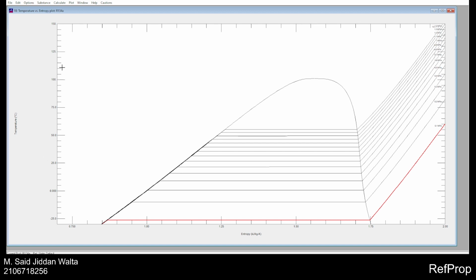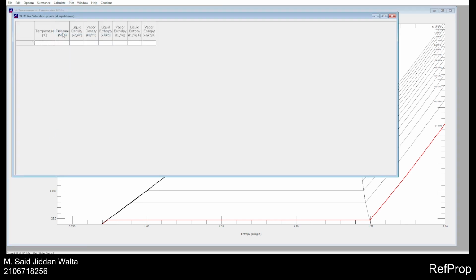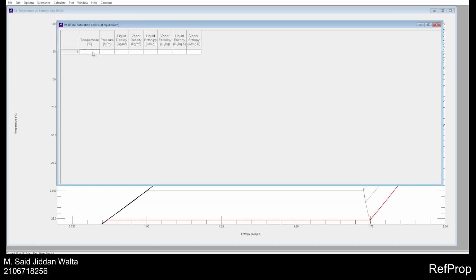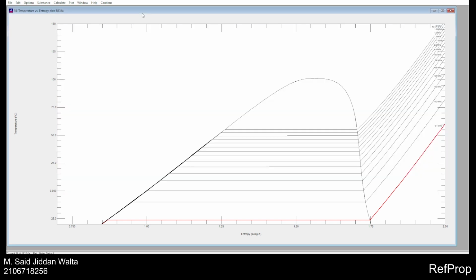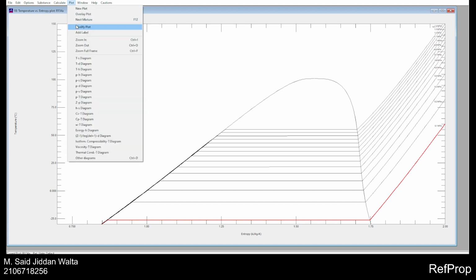And how can we find out the exact point of this specific temperature? We can first use the calculate function and use the saturation points at equilibrium, where we put in the temperature, which is 39.4 degrees Celsius, and we find out that the pressure at 39 degrees Celsius is actually 1 megapascal. So now we can highlight the 1 megapascal line by using the modify plot once again.